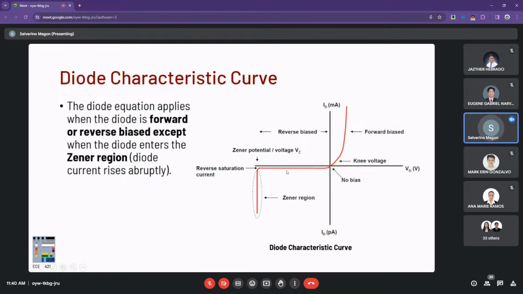You can imagine you have an exponential curve leaning upward, and that sort of exponential curve presented by Shockley does not work for the Zener region. So you have to have a separate equation or model to describe the properties of devices in that region.